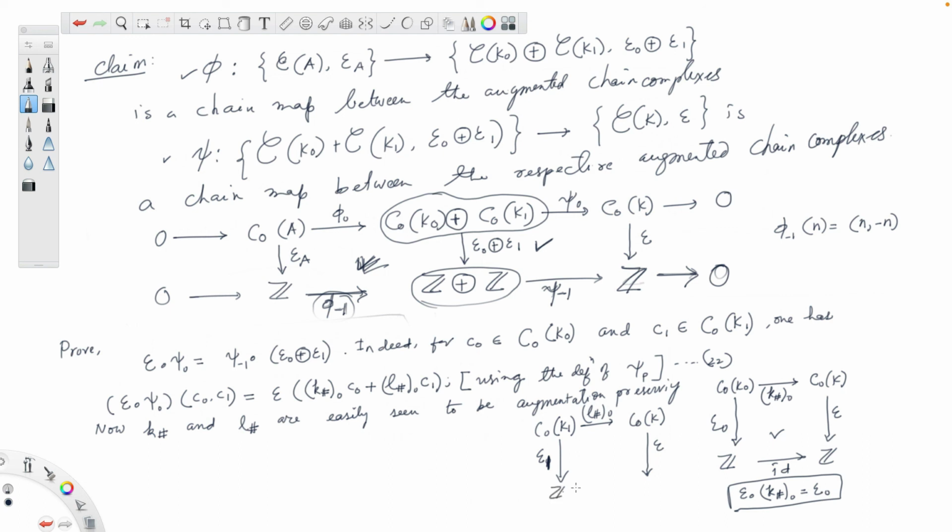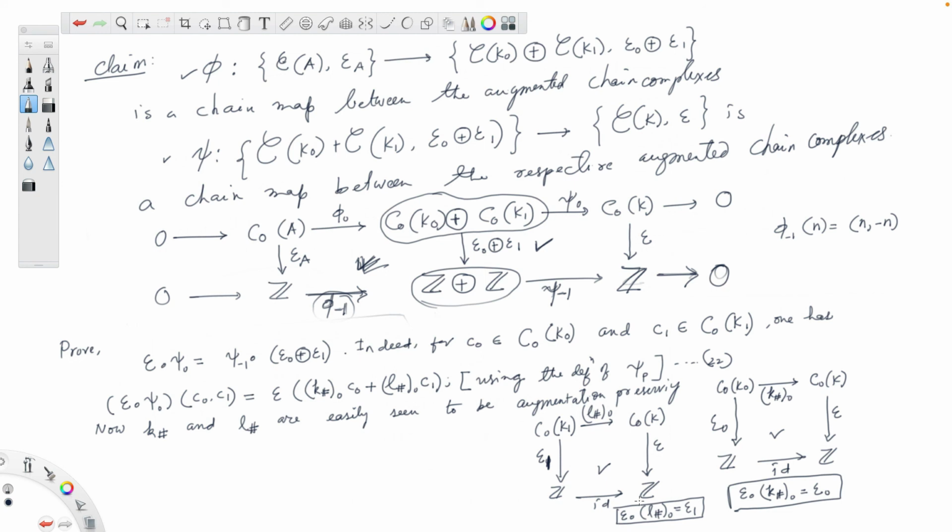This is Z, this is Z, this is the identity map. This is a commutative diagram, meaning that one has epsilon composed with L hash at 0 is equal to epsilon 1. Okay.